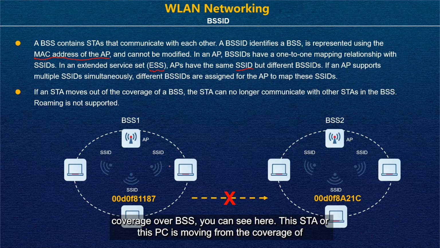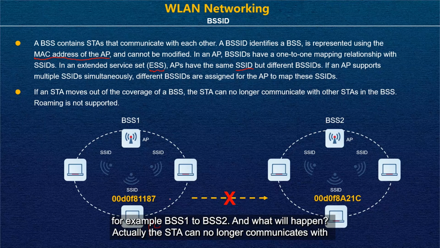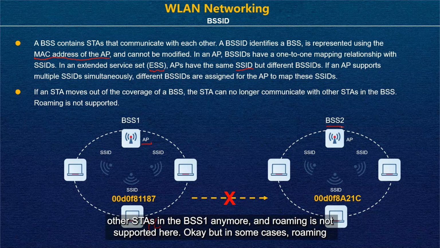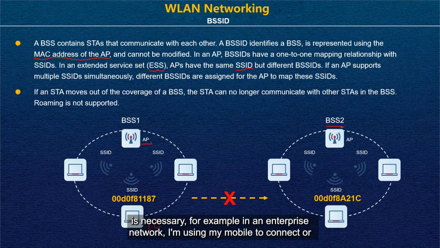Okay, and if an STA moves out of the coverage of a BSS, you can see here, this STA or this PC is moving from the coverage of, for example, BSS1 into BSS2. What will happen? Actually, the STA can no longer communicate with other STAs in the BSS, and roaming is not supported here. But in some cases roaming is necessary.